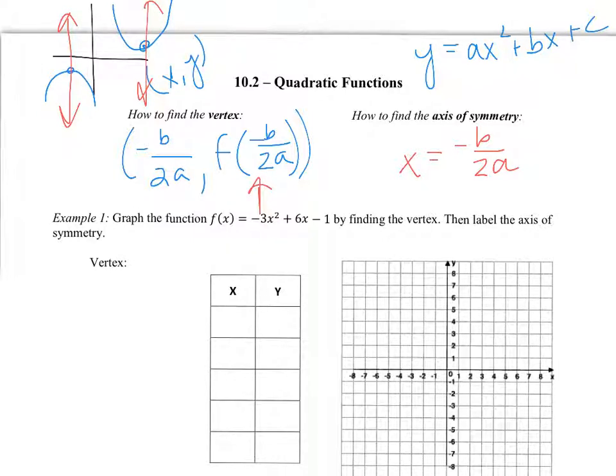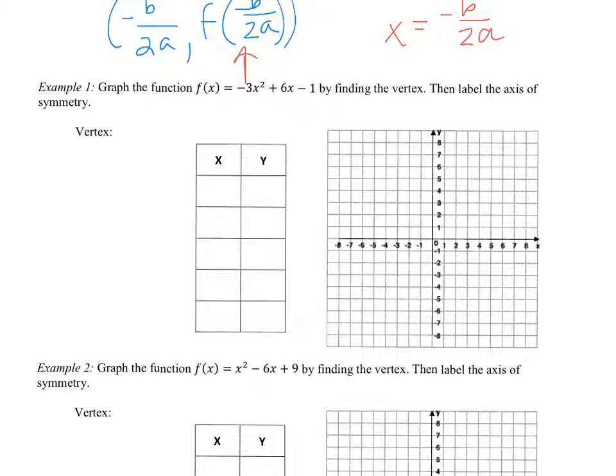Example 1: graph the function by finding the vertex, then label the axis of symmetry. First I'm going to find the vertex, which is negative b over 2a. I have a is negative 3 and b is 6.